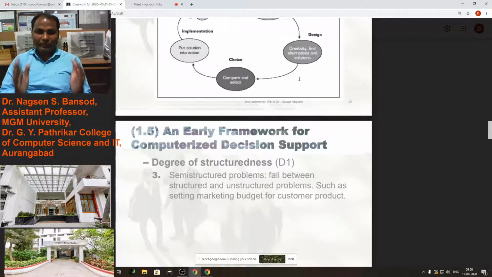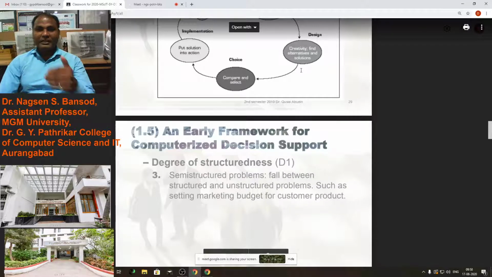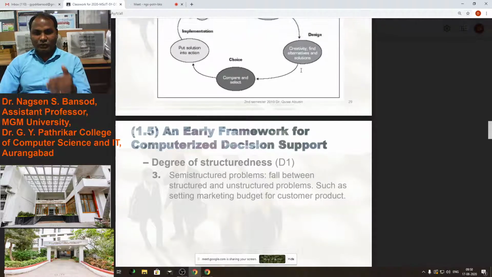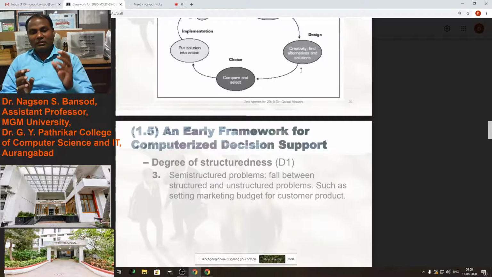We have to make a creative model and find alternatives and solutions. After designing, we have to find an alternate design, an alternate model, to make the business a success. You should not depend on a single model; you have to make a comparative alternative solution.